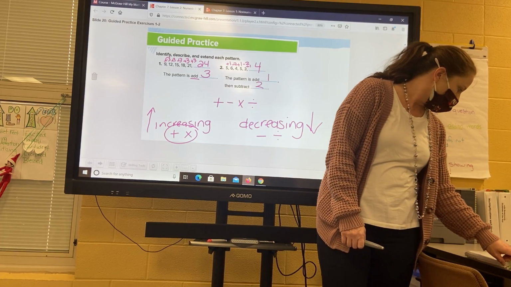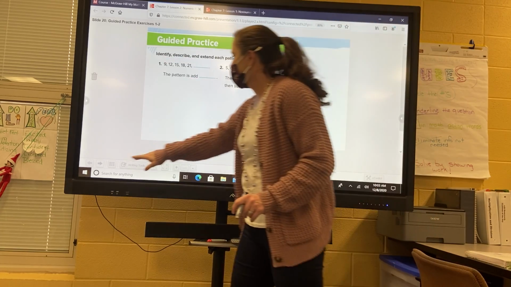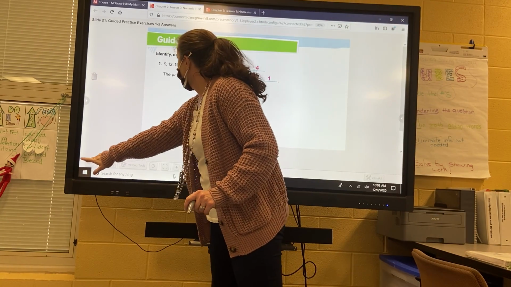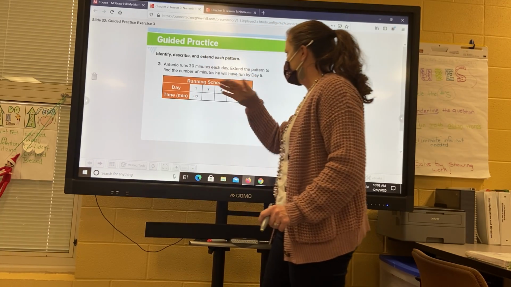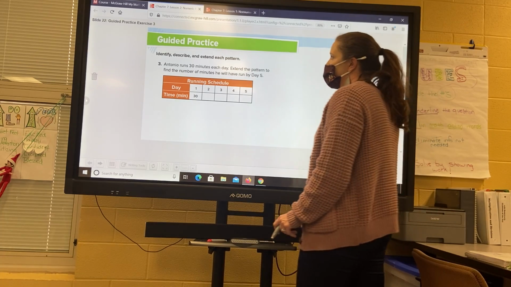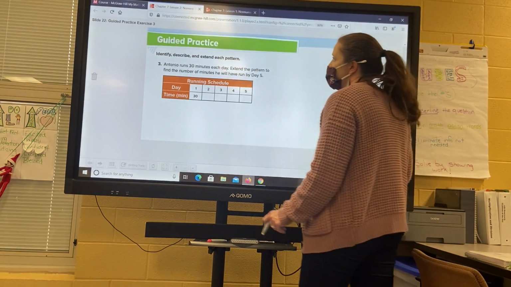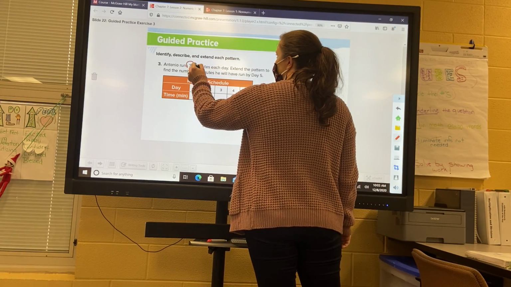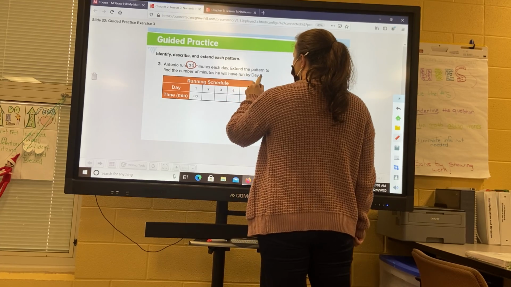All right. Does everyone feel good with that? Yes, ma'am. All right, let's look at number 3 together. So you see patterns in rows like this, but you also see patterns in tables like this, okay? It says Antonio runs 30 minutes each day. Extend the pattern to find the number of minutes he will run by day 5.